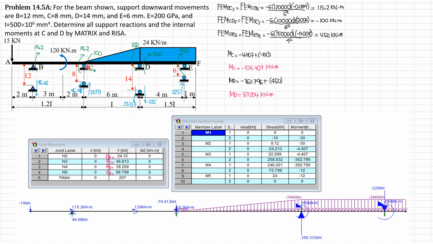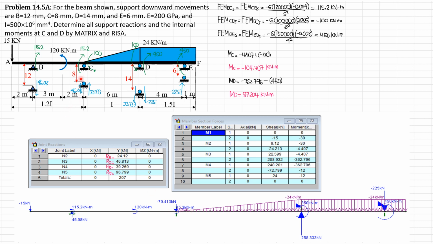Then at C, we have 115.2 clockwise minus 100 counterclockwise. So the net fixed end moment at C is 15.2 clockwise. So the loading should be opposite to that, 15.2 kilonewton meter counterclockwise here.